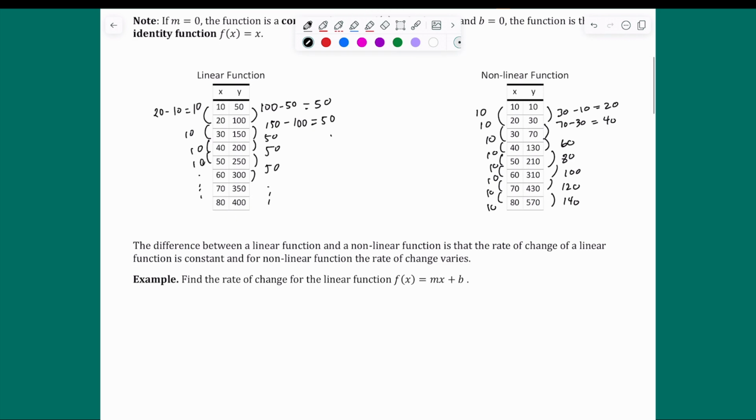Okay, so let's look at an example where we're actually finding the rate of change for a linear function f of x. By definition, a rate of change is the difference in outputs divided by the difference in inputs.